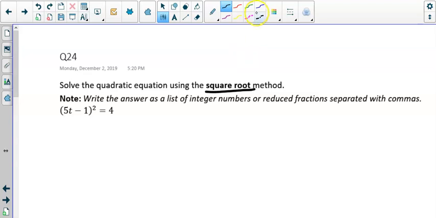And using the square root method is just like what we were doing when we dealt with absolute values and square roots. Before I can take a square root of both sides, what has to happen? Before I take a square root of both sides, what do you got to make sure is A-OK? It's just like absolute values.